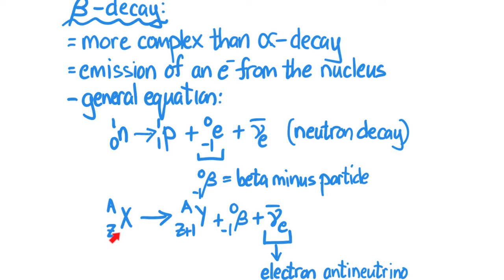So the charge of this nucleus would come from the amount of protons. The charge on this side has gone up by plus 1, but on this side, the beta particle has a negative 1 charge, and remember, plus 1 denotes plus 1,6 times 10 to the negative 19 coulombs, and negative 1 denotes the charge on an electron, which is negative 1,6 times 10 to the negative 19 coulombs. So plus 1, negative 1 actually cancels out. So here on the bottom we see not the conservation of atomic number, but the conservation of charge.